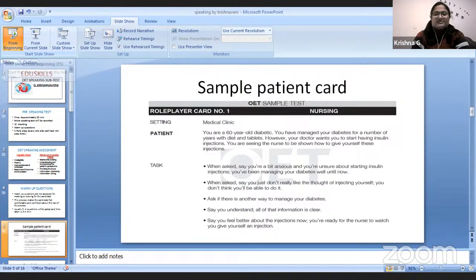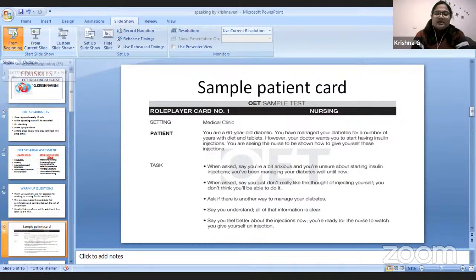Try to summarize it. Then the patient will have the chance again to recollect the information from your talk. And if 5 minutes is finished, the examiner will definitely stop you. Don't worry or bother if they stop you. But always be time oriented, and be focused on the role play card very properly.